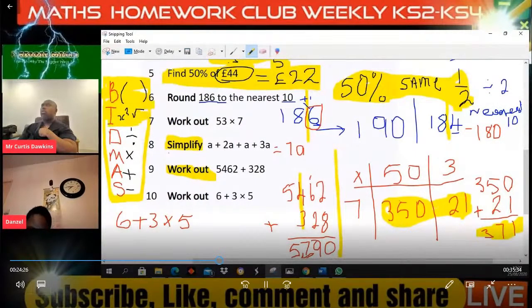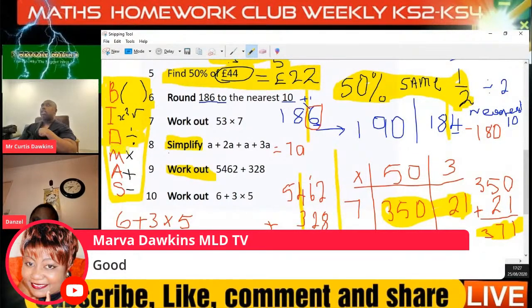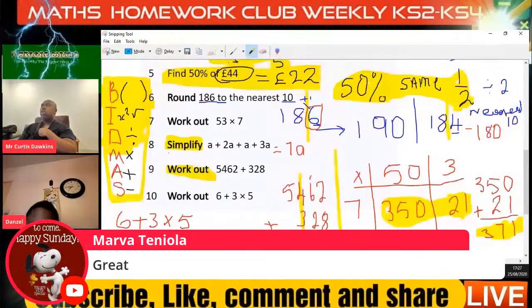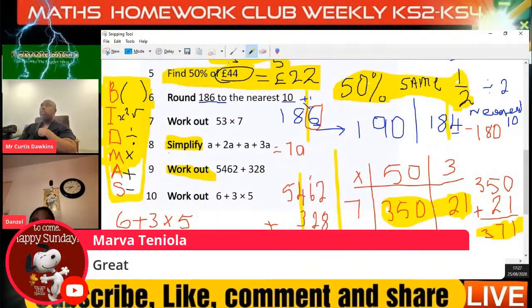Okay, so you need to check. Does addition come before multiplication? Yes. You sure? No. What comes first? Multiplication. So you do multiplication first.